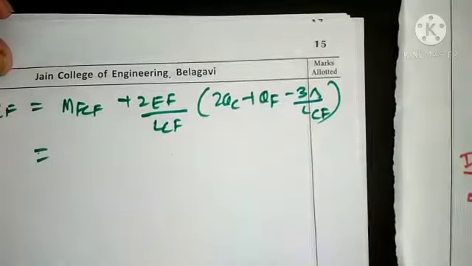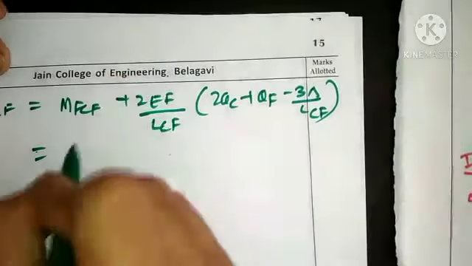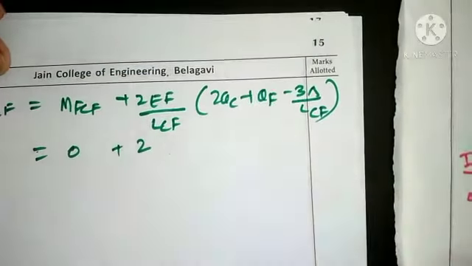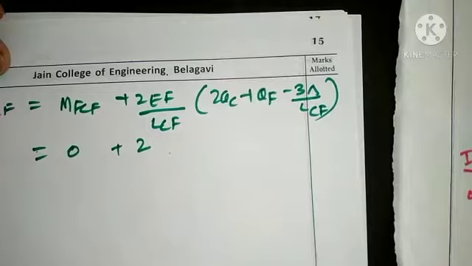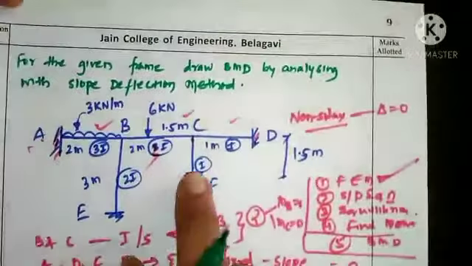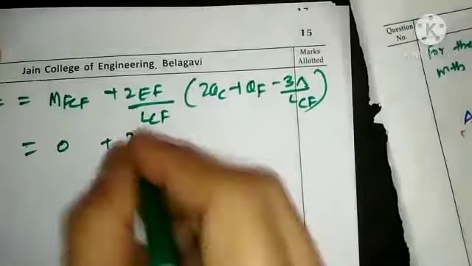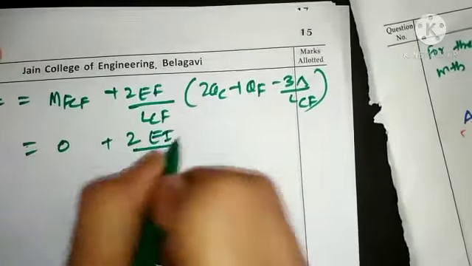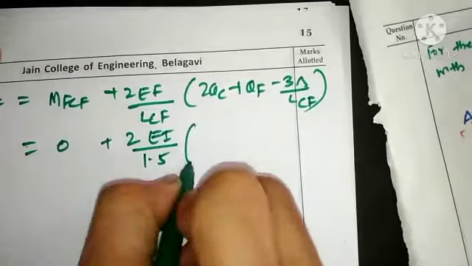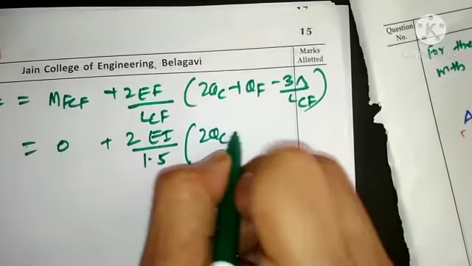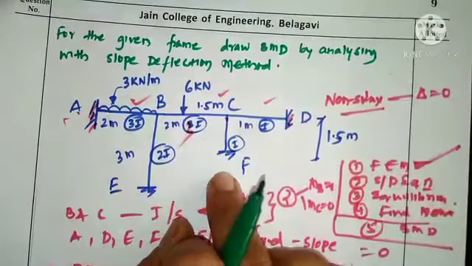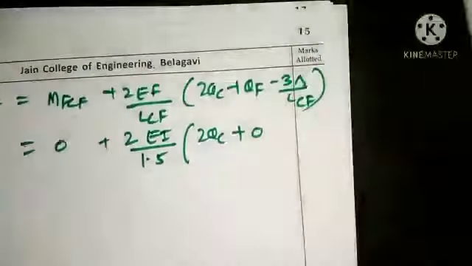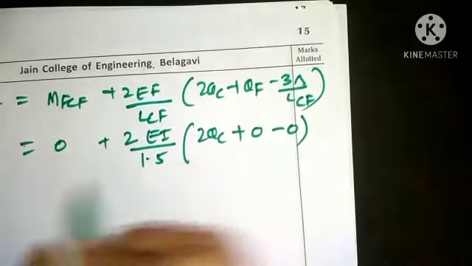So here MFCF will be 0 plus 2EI, value is 1. For this shorter column, EI value is 1. So 2EI divided by 1.5, 2 theta C kept as it is, theta F value is 0 because F is fixed, and delta value is also 0.